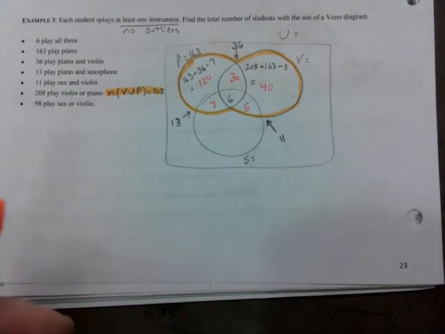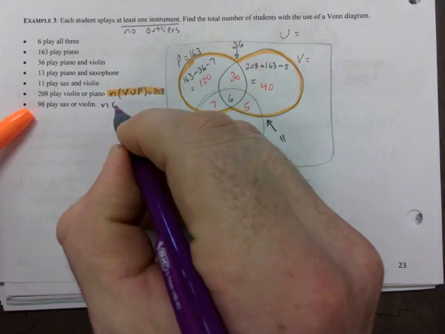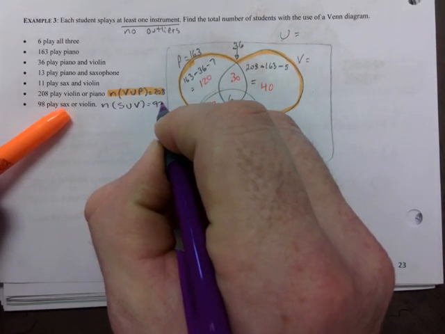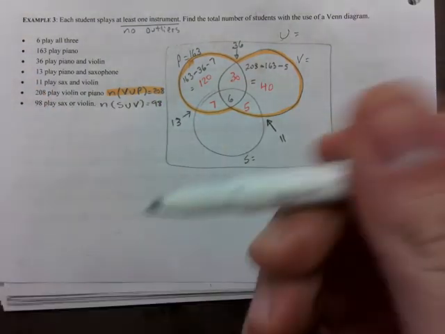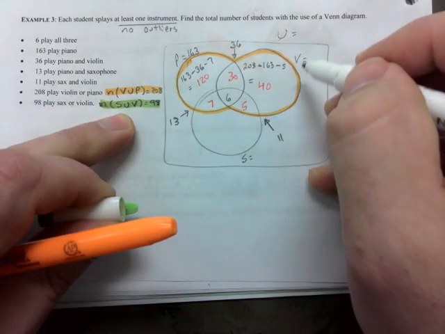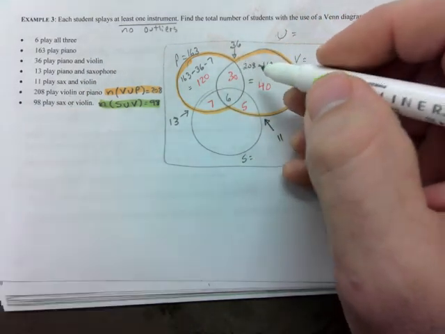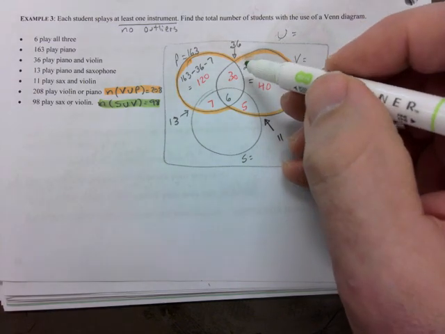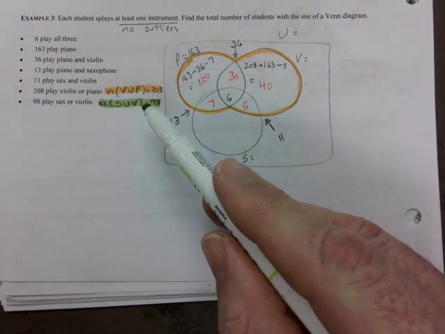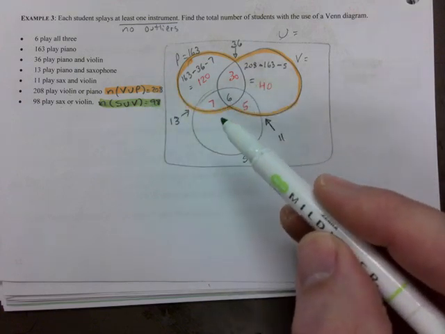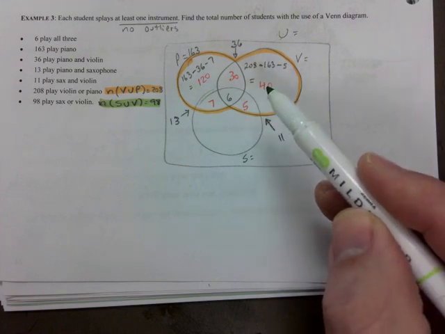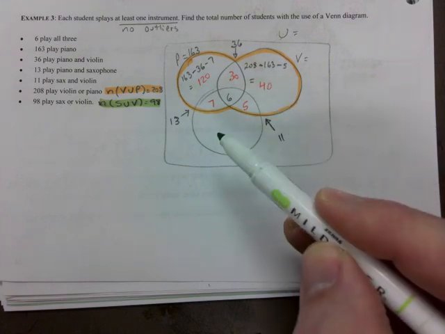And then now we can deal with this piece of information. Saxophone union violin, that's 98. Let's use green for that one. Okay, saxophone, violin, these two. So I would have to say here, if you would have started with this, right, with these two, use this piece of information first, you would have been stuck because you did not know this piece.